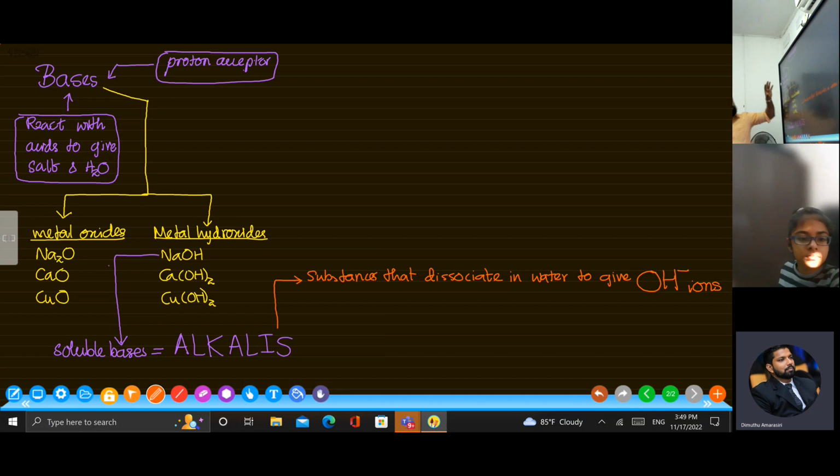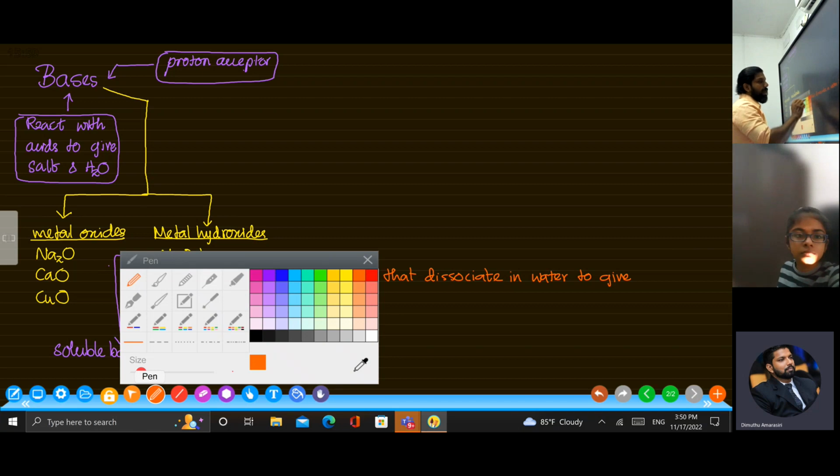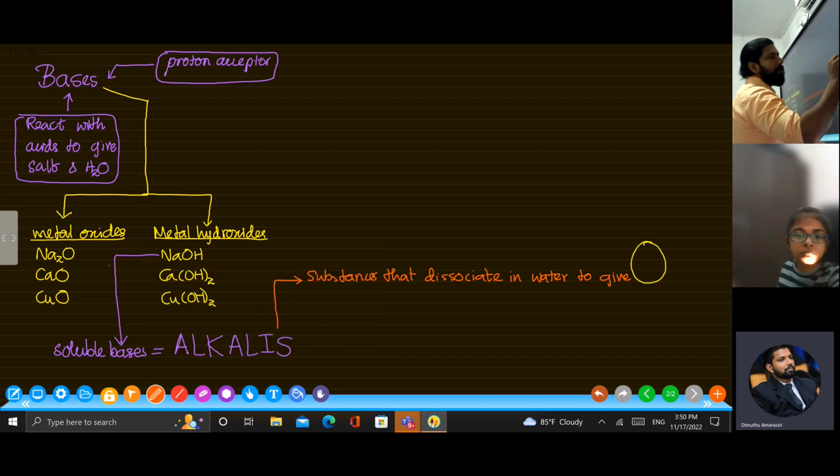There are bases which are not always giving hydroxide ions. Out of them, there are some soluble bases. Water will dissolve the hydroxide. And that's the definition of alkalis. The bitter taste and the properties of alkalis are due to these hydroxide ions.